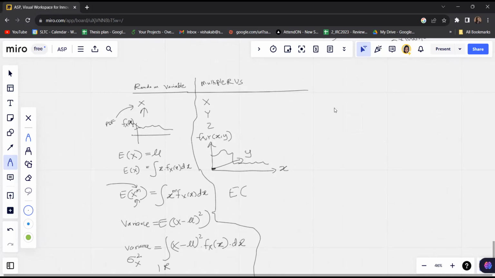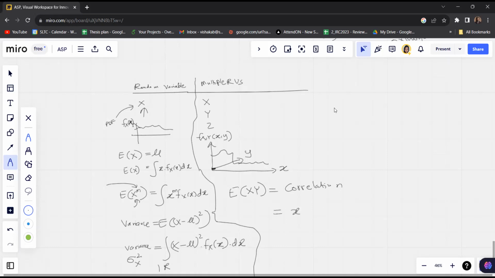So in that case, we discussed how the expectation of the product of x and y changes. The expectation of the product of x and y variables is also denoted as the correlation between these two random variables.